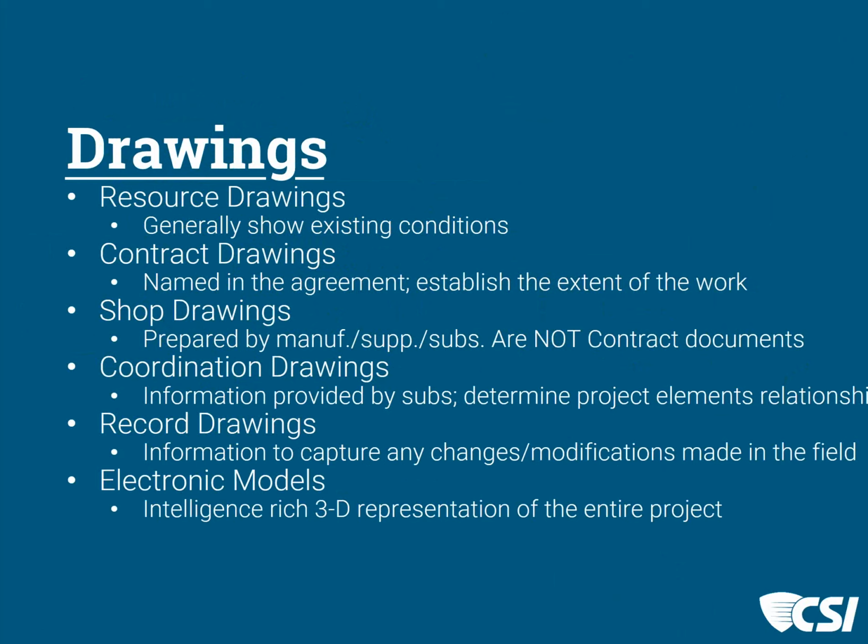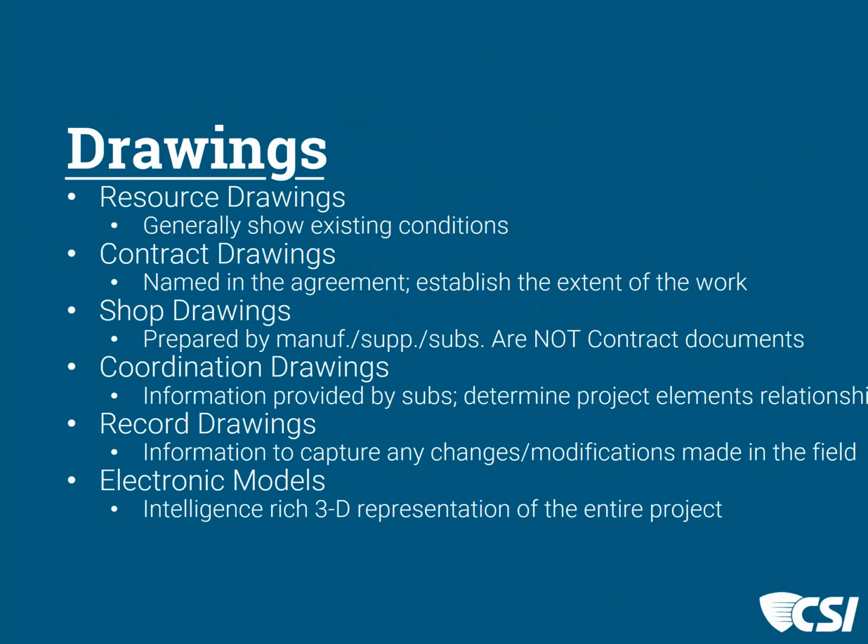So the delivery of the project also involves the drawings. And offhandedly, we quickly think about the rolled up blueprints out on the site in the trailer or in the building. And actually the drawings are made up of several different components.